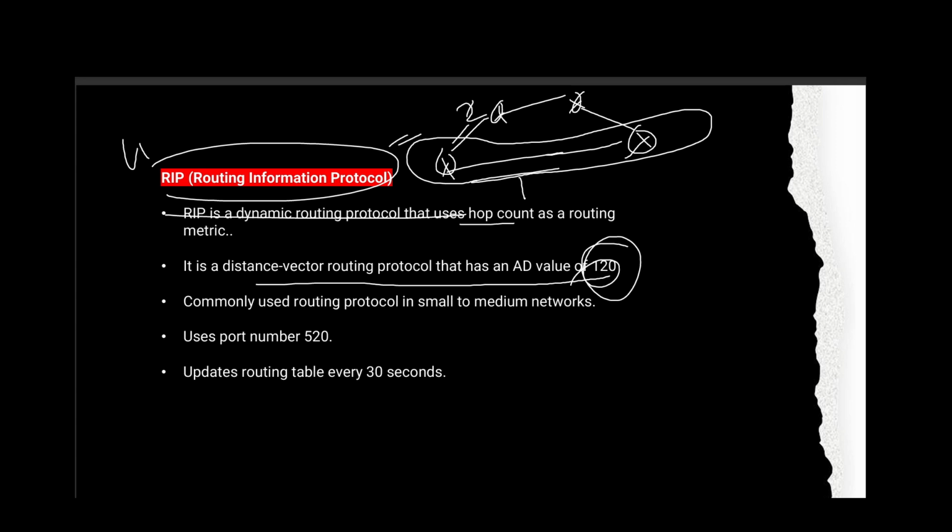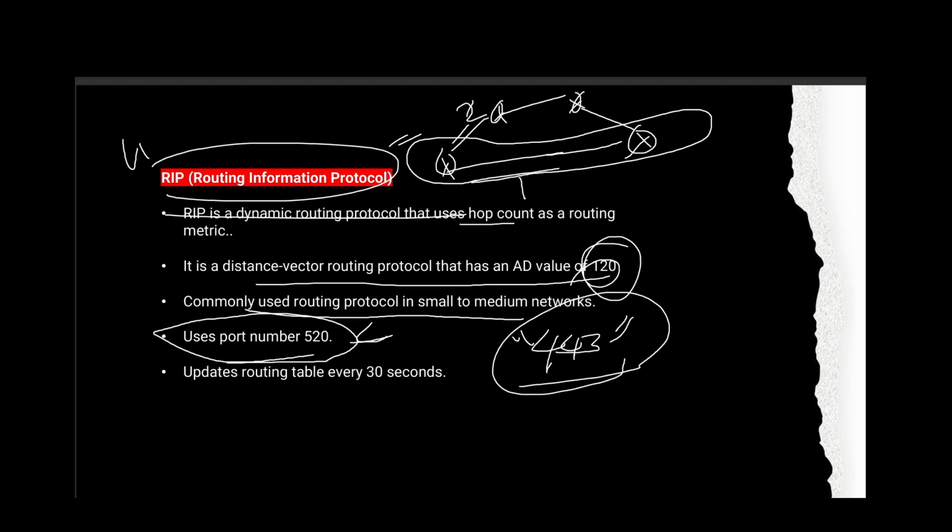RIP is commonly used for small to medium networks and uses port number 520. Port 520 is just the port it uses to communicate, like how HTTPS uses port 443 on the server. So it also uses a specific port for its communication.